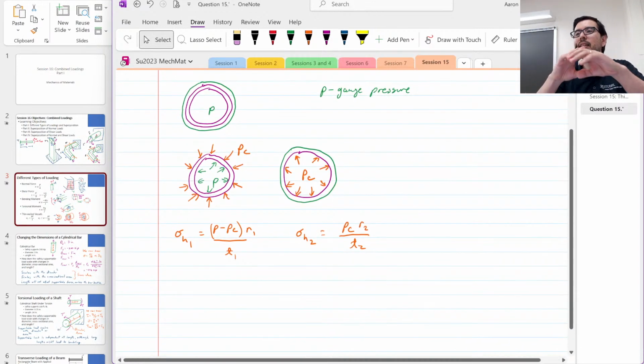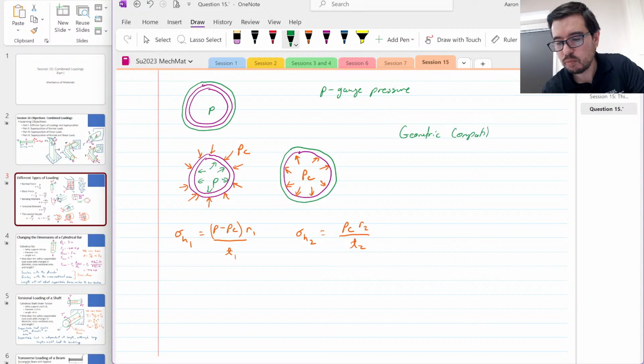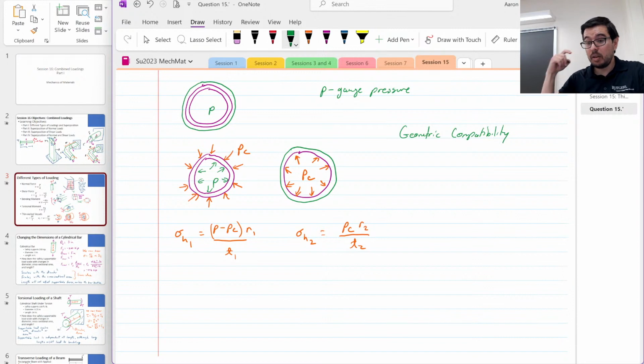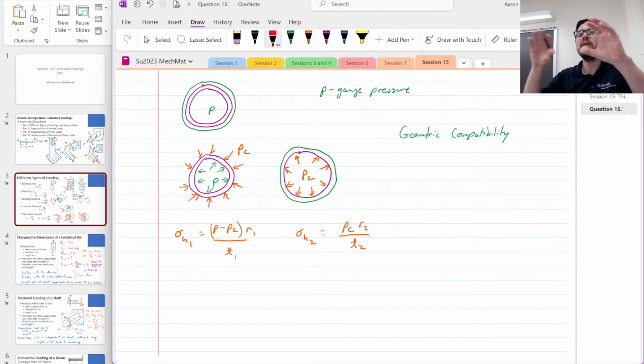So what's really happening here? What we're going to say is that the interface, we're going to use geometric compatibility. Oh boy, it's like musical chairs. All right, we're going to say that we have the same change in the circumference.